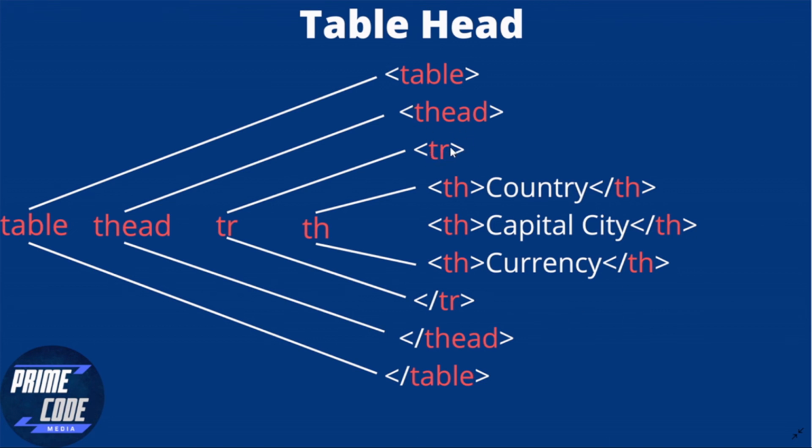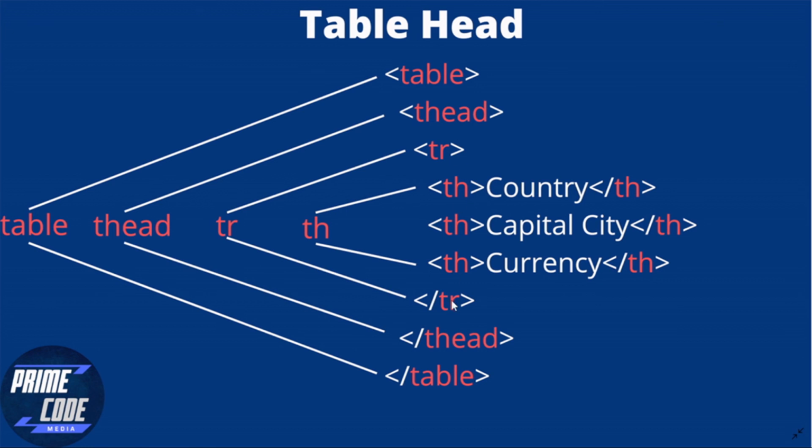Inside the table row, we have three table header cells. Each table header cell has a cell content: country, capital city, and currency. So this is how the syntax looks.